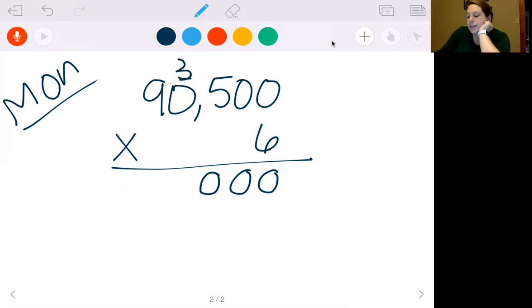Then I go to 6 times 0 again, which is 0, plus the 3 I carried is 3. Then finally I have 6 times 9 is 54, so I put that there. Then I'm going to put my comma after my 3 numbers, and then I get 543,000. Okay, so let's do another one.